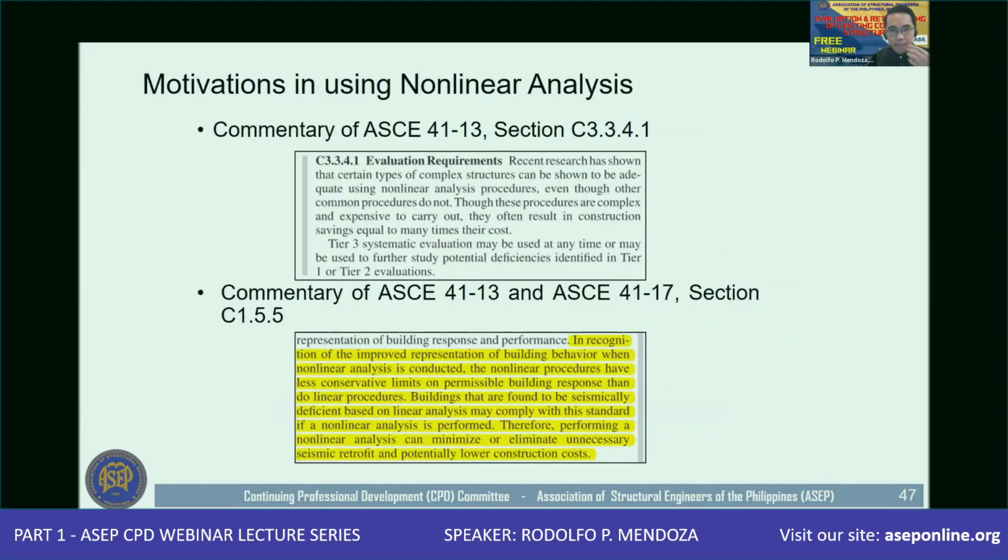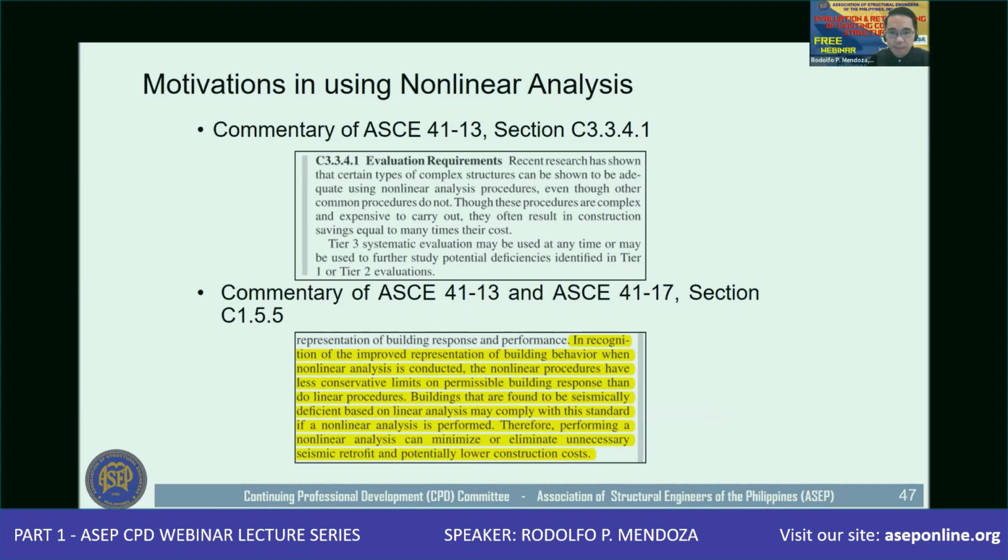Motivations in using nonlinear analysis. Well, these are commentaries taken from ASCE 41-13 and 41-17, which tell us that in recognition of the improved representation of building behavior when nonlinear analysis is conducted, the nonlinear procedures were found to have less conservative limits than the linear procedures.